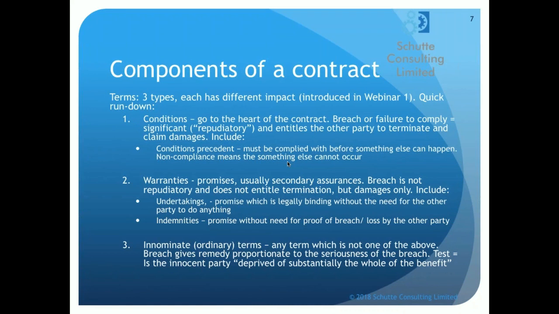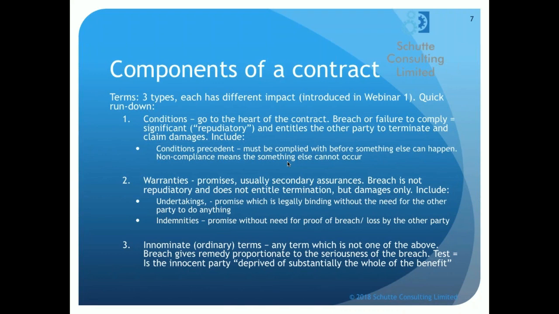Undertakings are promises which are legally binding without the need for another party to do anything. So I undertake to John that I will deliver a series of 3 webinars. Now, John doesn't need to do anything in order for me to do this. I'm committed to doing it, and I make that promise and I must comply with it. An indemnity is slightly different.